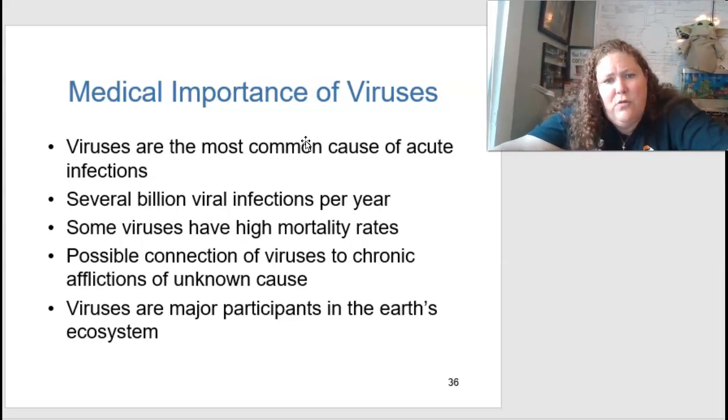So back to that fourth point, the connection of viruses to chronic afflictions. This is kind of a gray area right now that we're in with COVID-19. I'm recording this on 9/24/2020, and right now we're in the middle of the COVID pandemic, right? The problem is, it might not be the worst thing to catch, but we don't know the downstream effects.